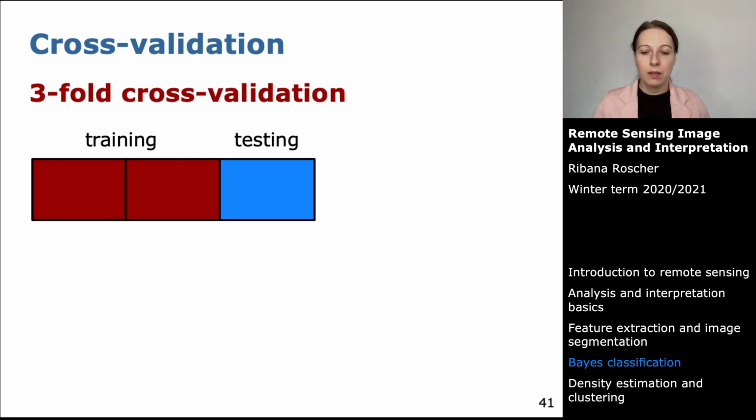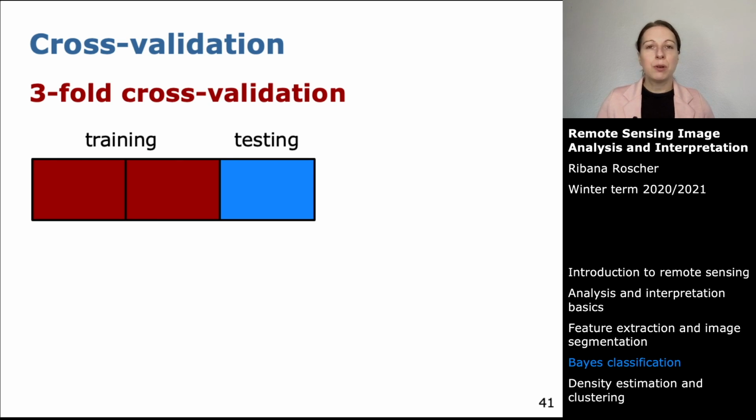Because when you have one classification result, it might be good, but it tells you nothing about how stable your classification is. It might happen that you were lucky with your training and testing split. So that's why cross-validation is good to use for evaluation.